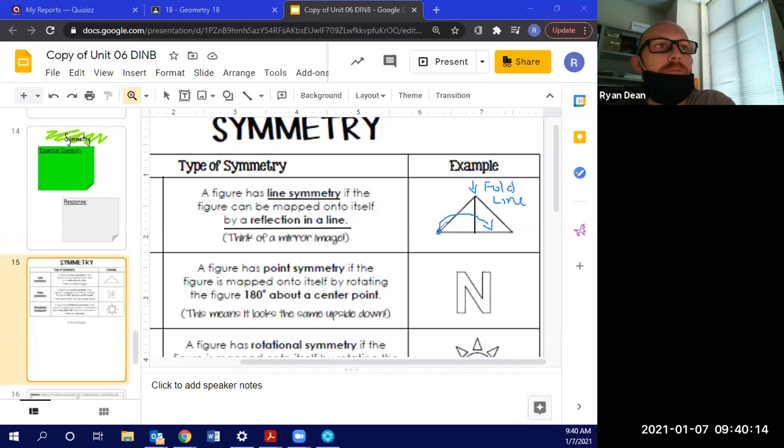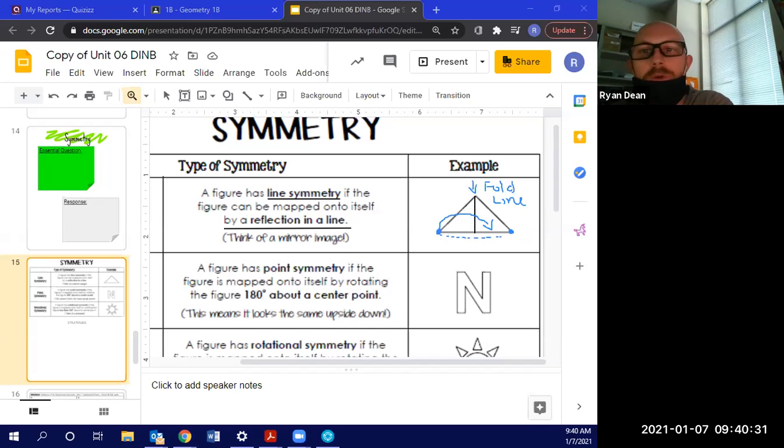Okay, this blue point right here is going to come and match up perfectly with this point. And this is what we call mapping a figure onto itself.